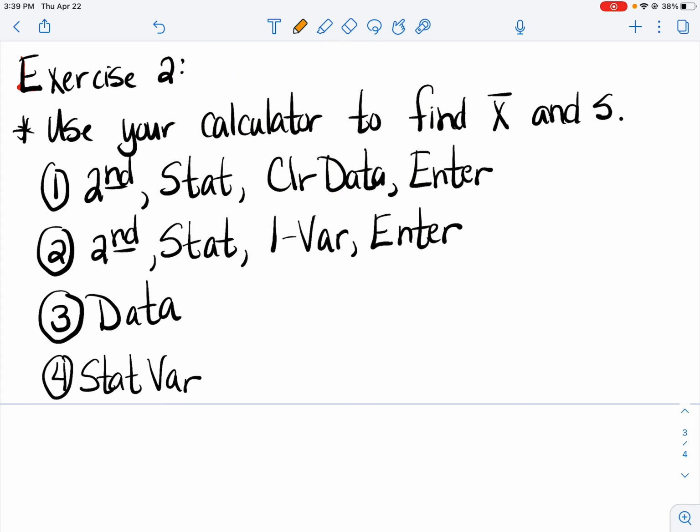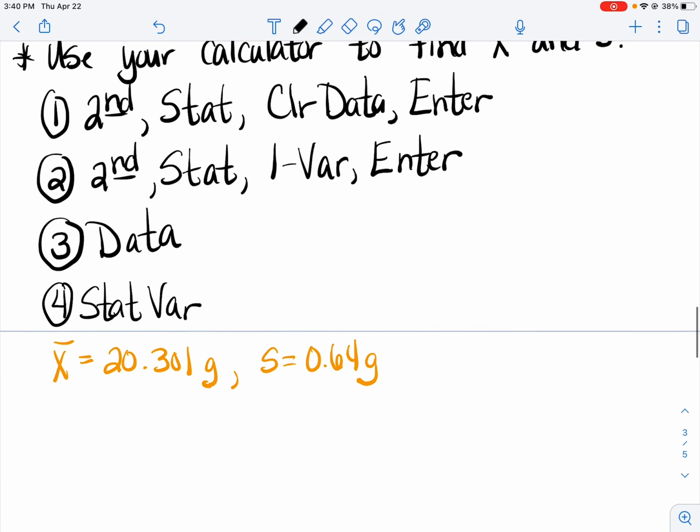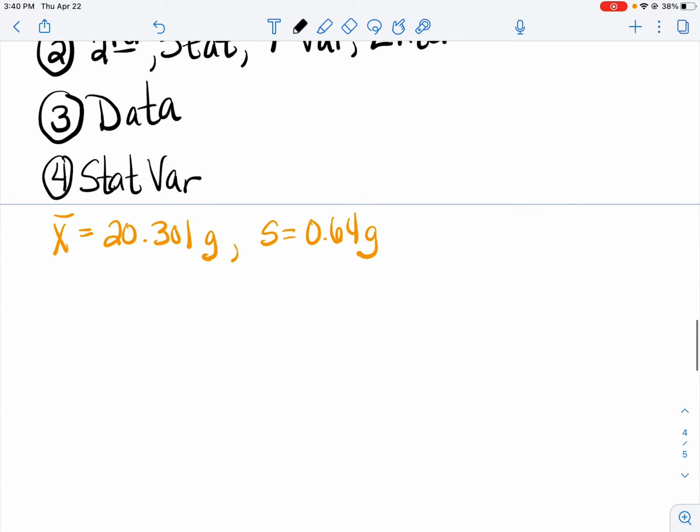You should have gotten that X bar is 20.301, and here we're looking at grams for our units, and S is 0.64 grams. For step 1, we write our null and our alternative hypotheses.